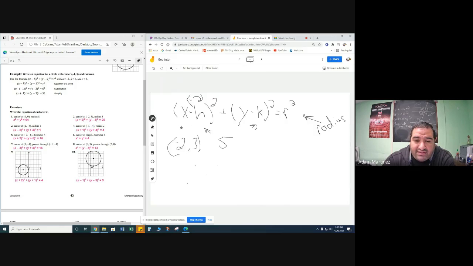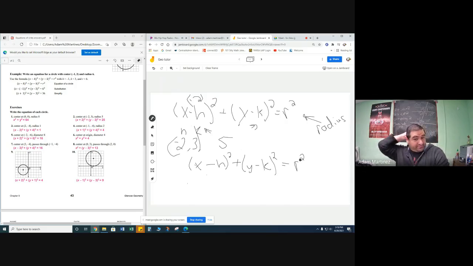So we know this is h, this is k, and our radius is 5. Let's write our formula: (x minus h) squared plus (y minus k) squared equals r squared.